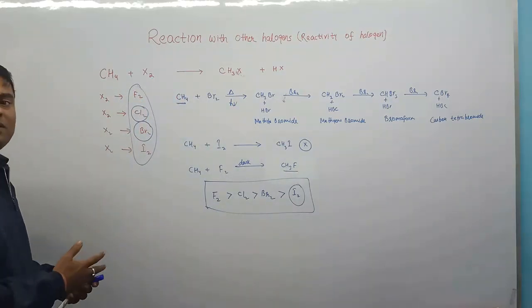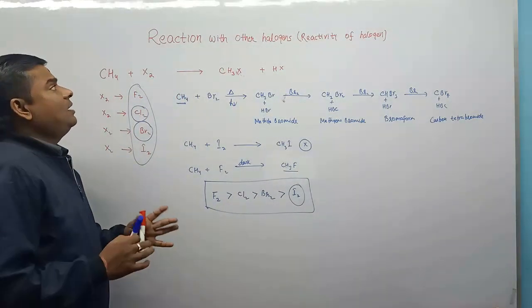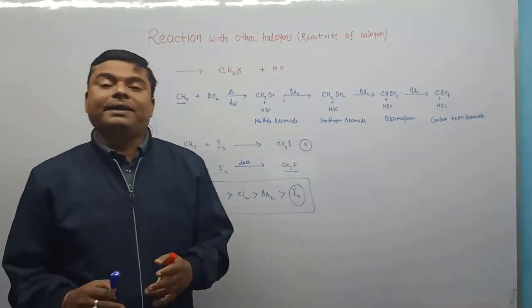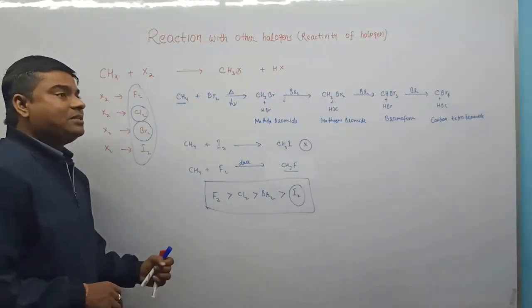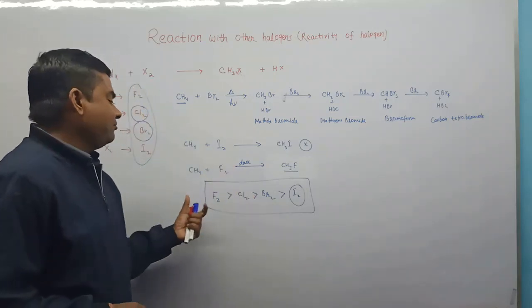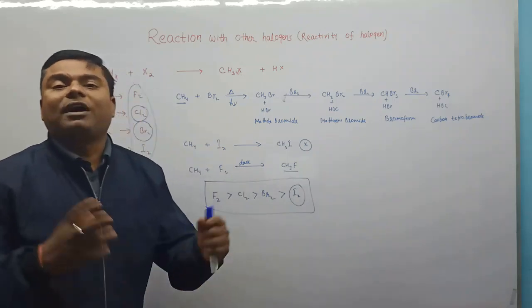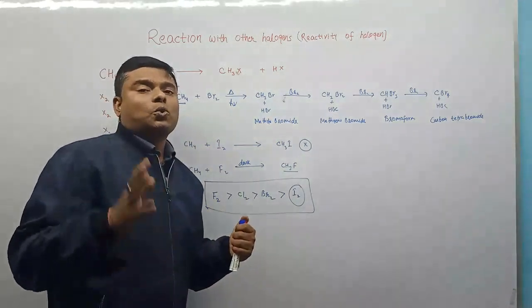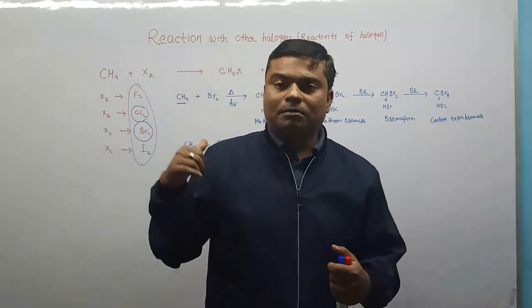So in the next lecture we will see how chlorination and bromination take place, why light is required, why fluorine reacts with methane in dark, and why iodine cannot react or reacts too slowly to be considered with methane.